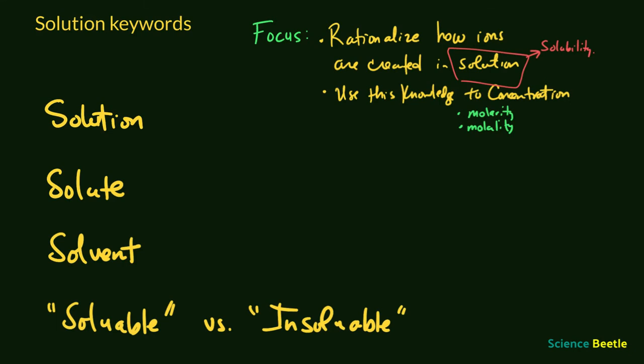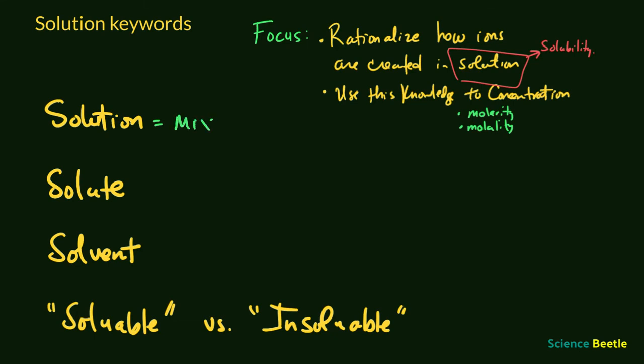And so what I'm going to do now is take some time here and define these for you. Okay, so the solution is going to be that mixture of the compounds that we're studying. The thing about this particular solution is that the solution is a homogeneous mixture. It's usually composed of at least two other items, but they're mixed together and you really can't tell them apart. And so let me write this down here.